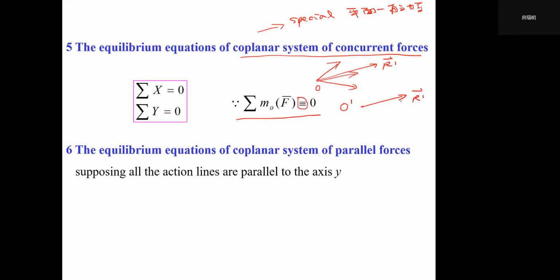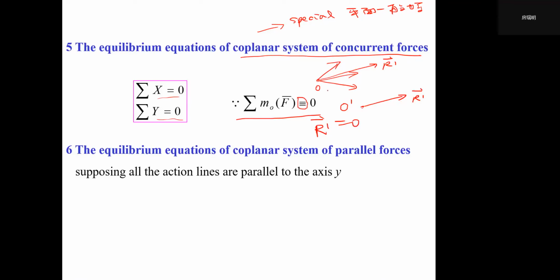You see? So this one will always be equivalent to this one. It's the same, right? So if a coplanar system of concurrent forces is in equilibrium, it only means R prime equals 0. So it will have two components. This one equals 0 and this one equals 0.